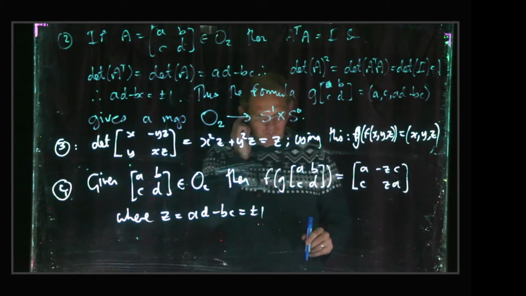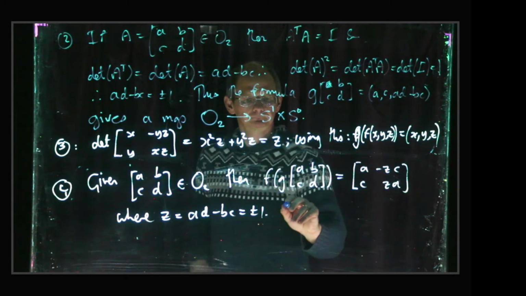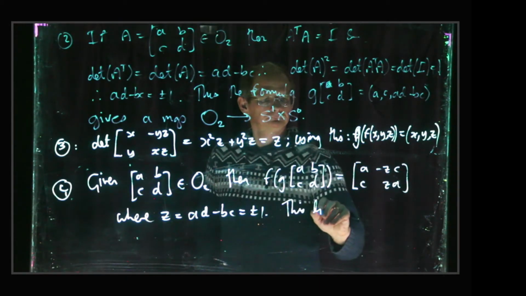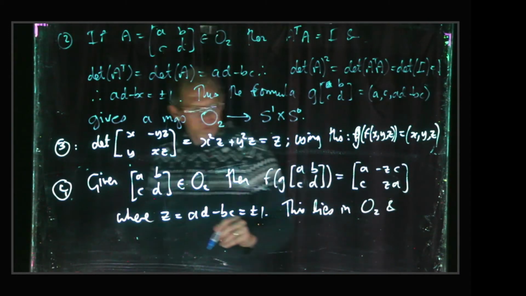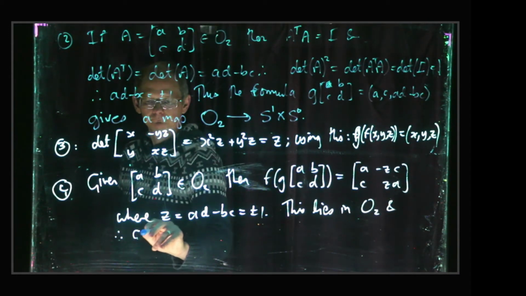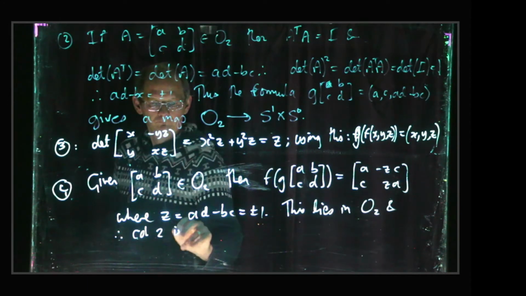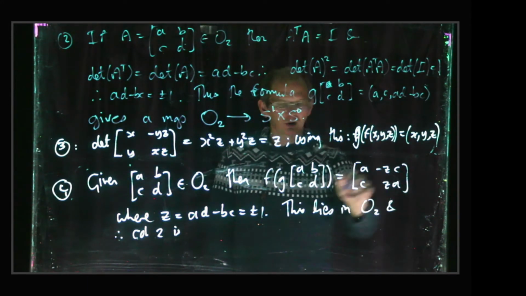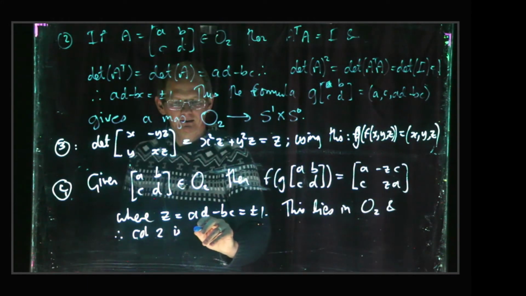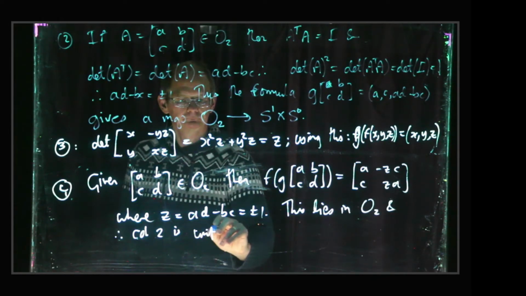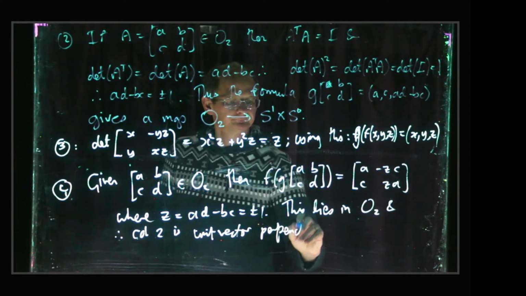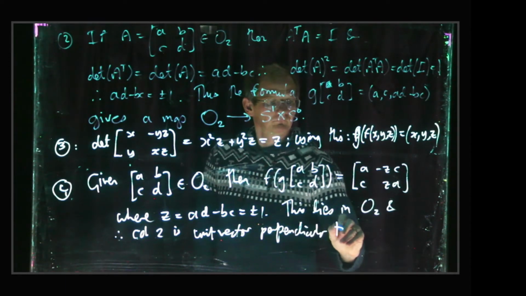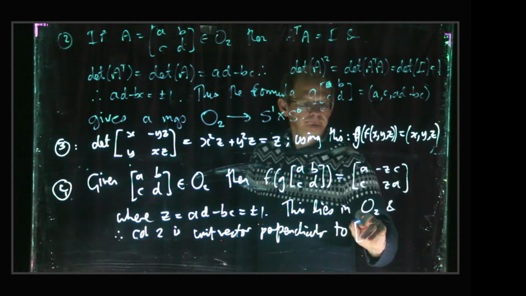But we know this lies in O2. That means that the second column is a unit vector perpendicular to AC.